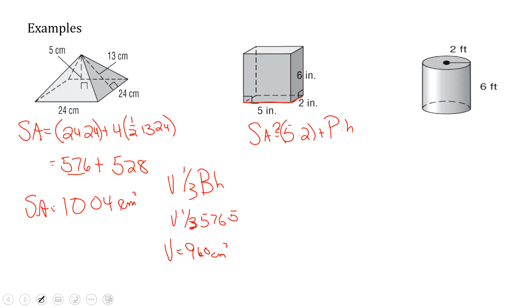The perimeter of my base is 5 plus 5, and 2 plus 2, which is 14. So the surface area here is going to be 2 times 10 plus 14 times my height, which is 6.